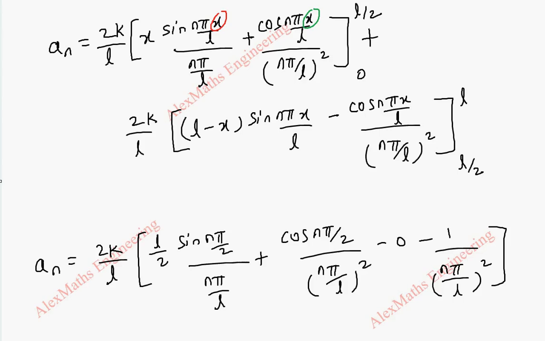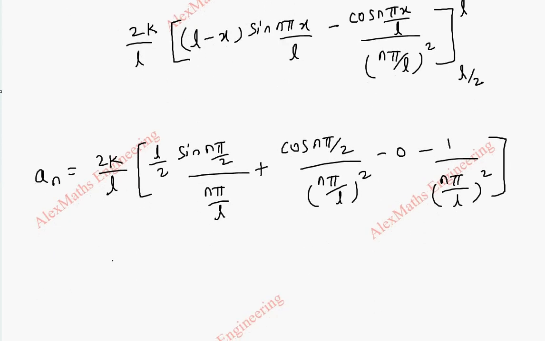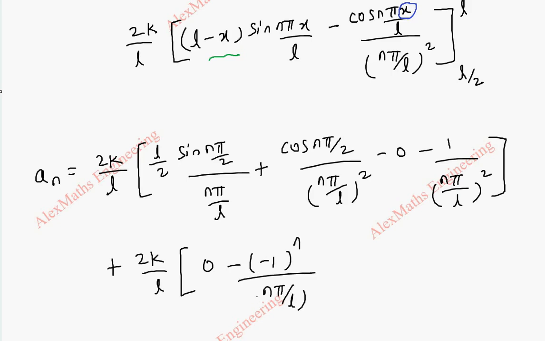Now coming to the second set of terms, we have again 2k by L outside. When I put L here, L minus L is 0. When I put L here, this will become cos n pi, which is minus 1 whole power n, by n pi by L whole square. Coming to the lower limit, I take a separate bracket.